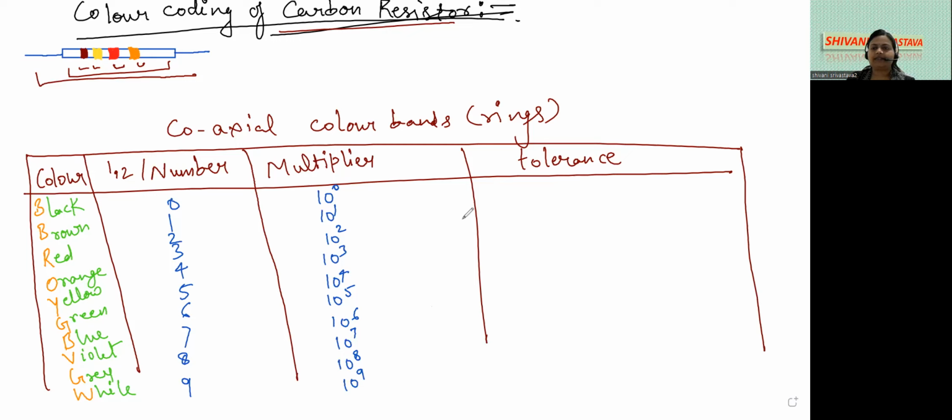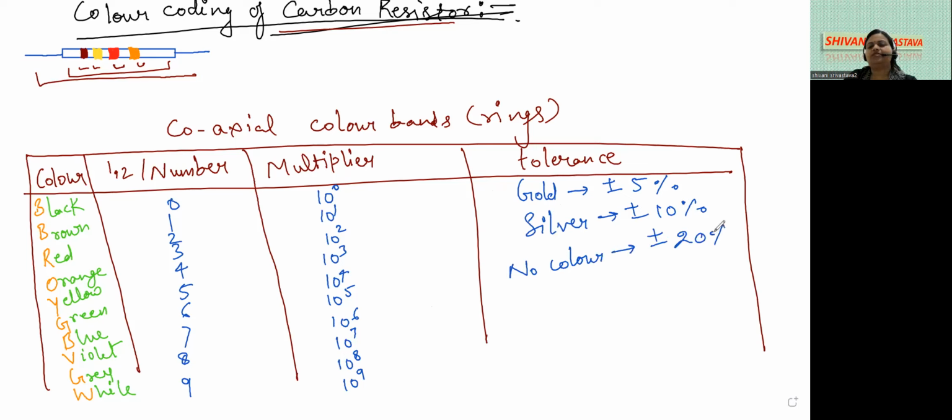Now tolerance also varies according to the colors. The tolerance of gold will be 5%. The tolerance of silver will be 10%. And if there is no color, then it will be 20%, you know.